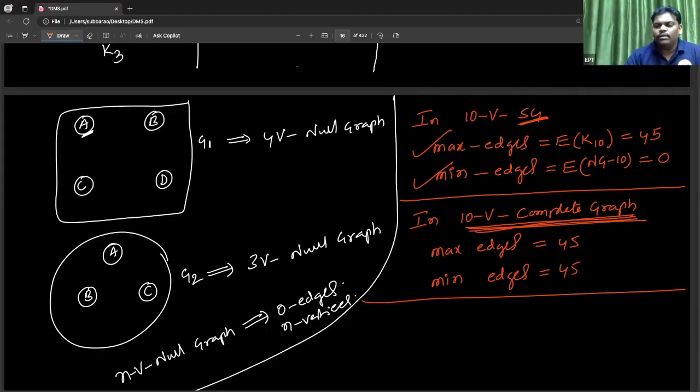I said before, a simple graph can be directed or undirected. If there is no self loop and no parallel edges, then it is going to be a simple graph. But in the examination, they will clearly mention it. Don't worry.